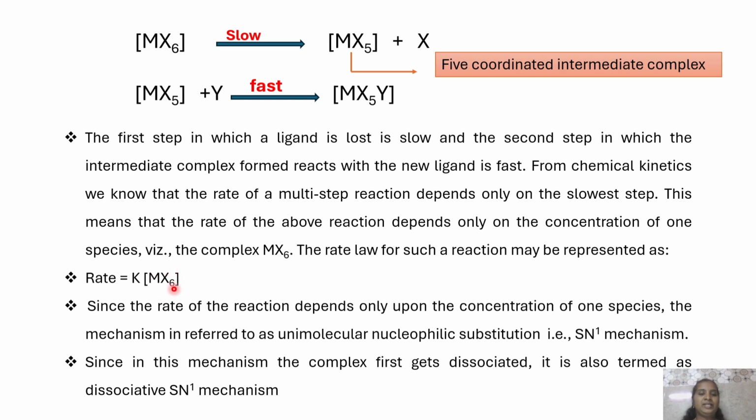As the rate depends only on the concentration of one species, the mechanism is referred to as unimolecular nucleophilic substitution. Since the first step in this mechanism is a dissociation step, this mechanism is also termed the dissociative SN1 mechanism.